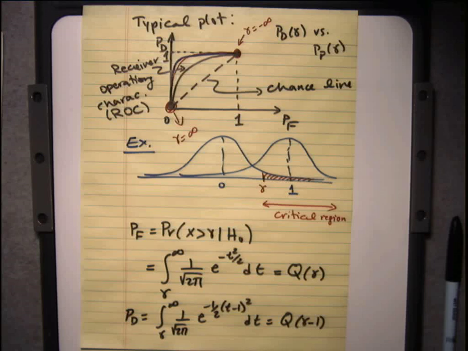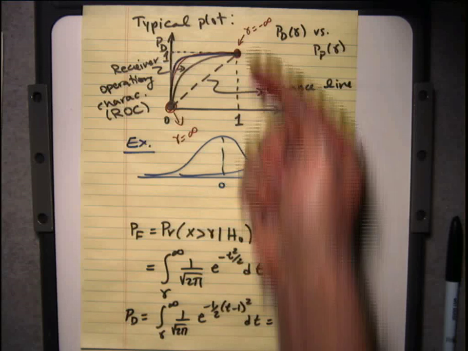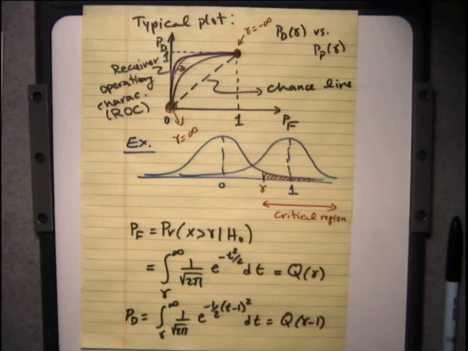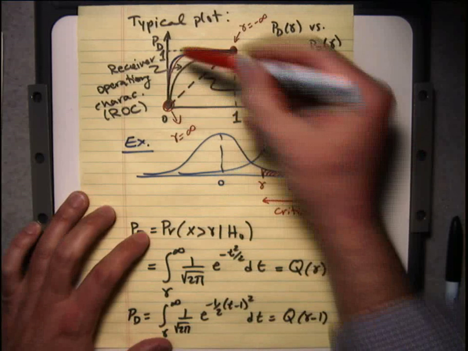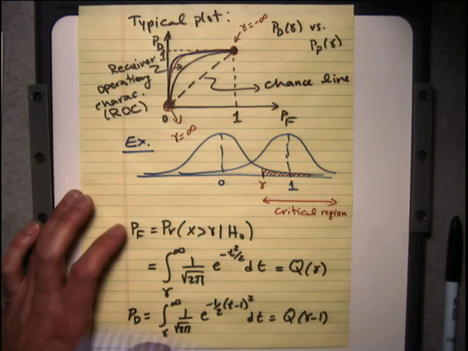In other words, I took the type 1 probability and the type 2 probability, and I added them together. I say, I want to minimize the sum of these two errors. What would be the best place to be on this curve in order to minimize that? I don't expect you to know the answer yet, but you will end up finding a very specific point on this curve that satisfies that condition.